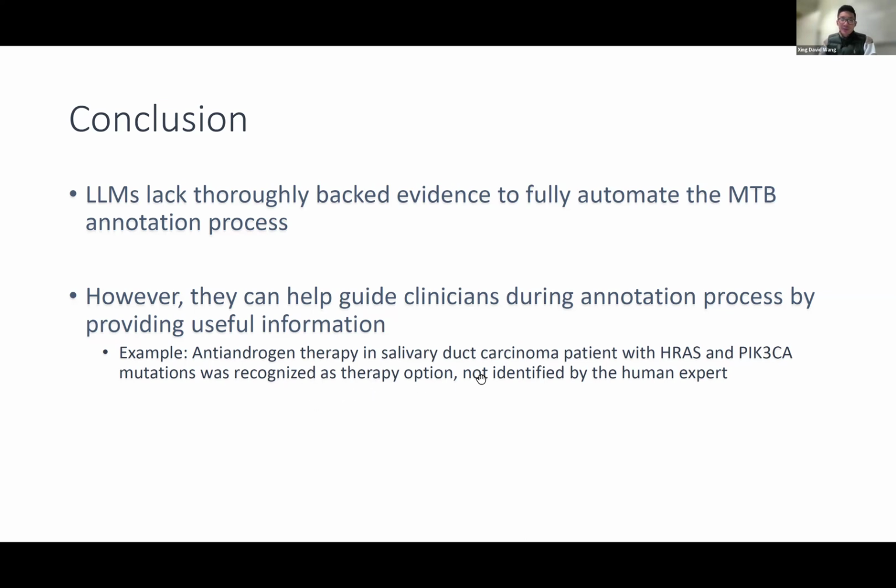For example, in the salivary duct carcinoma patients with HRAS and PIK3CA mutations, they suggested anti-androgen therapy, which the human expert didn't mention. So in case the human is sometimes missing something, the language model can remind them: okay, maybe there's another treatment option that you might consider.